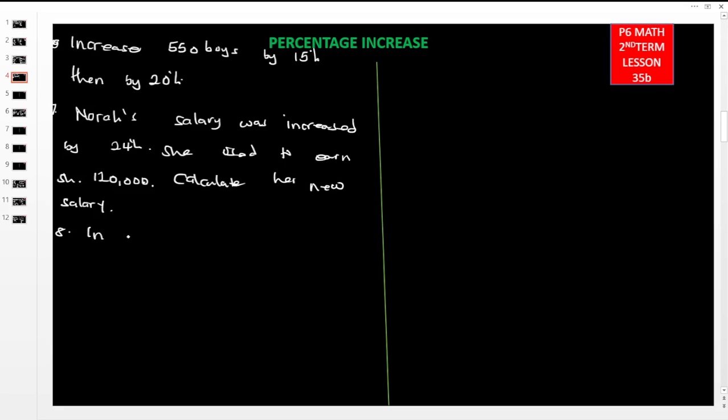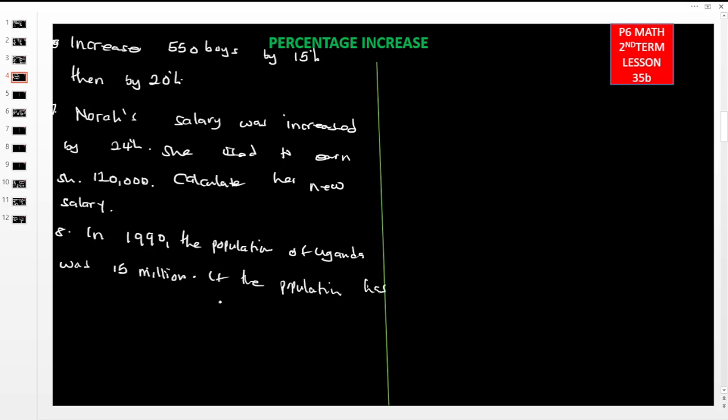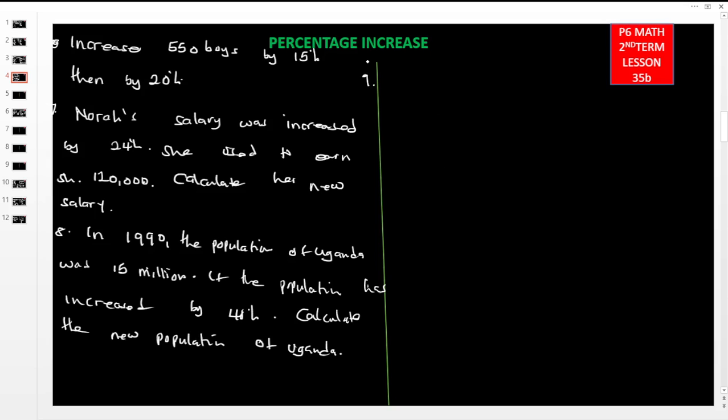Now the population of Uganda, if the population has increased by 40%, calculate the new population. Number 9, increase by 50%.